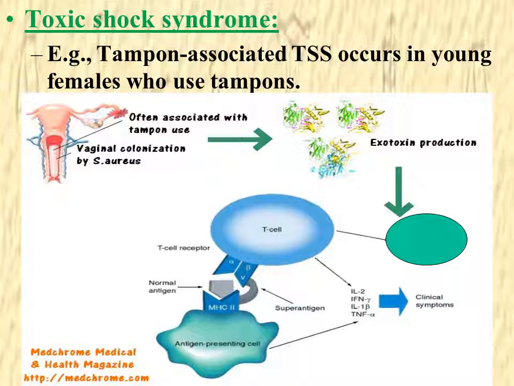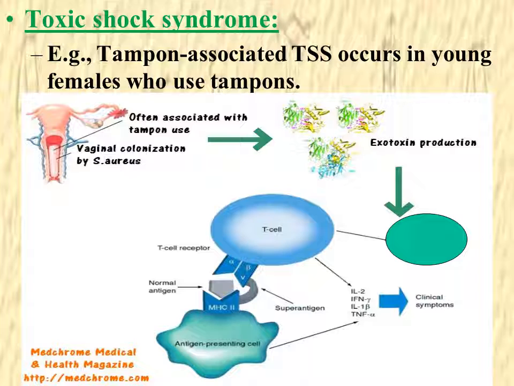This interaction will lead to production of different types of cytokines like interleukin 2, interferon gamma, interleukin 1 beta, and tumor necrosis factor alpha that will lead to the immune response. But as we have known before, after the destruction and elimination of the antigen, this reaction should stop and the immune system should stop producing the different types of cytokines.